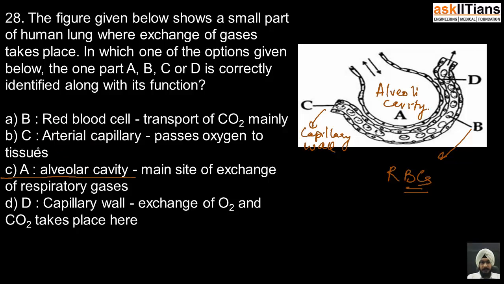So you can say that yes, C is the capillary. C can also be a tricky thing. It says arterial capillary. So yes, C can be the capillary over here, but in this case it is not passing oxygen to tissues, it is taking oxygen from alveoli.